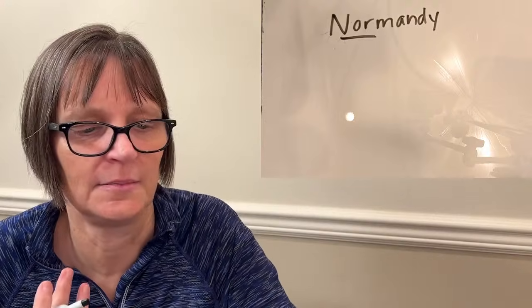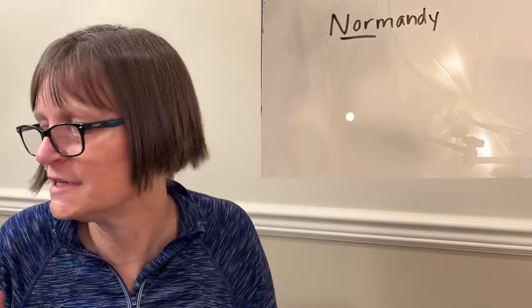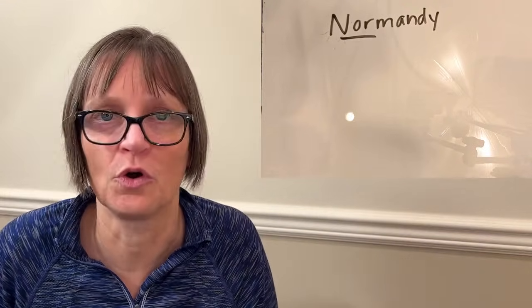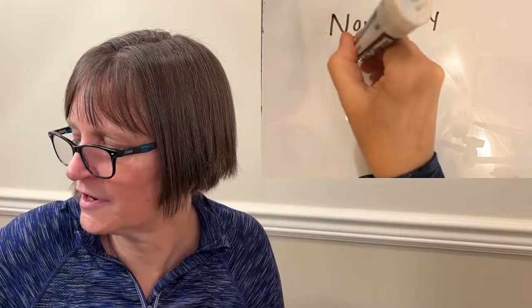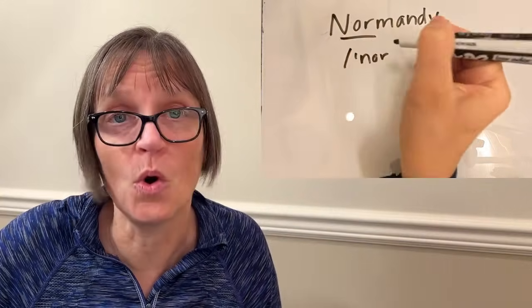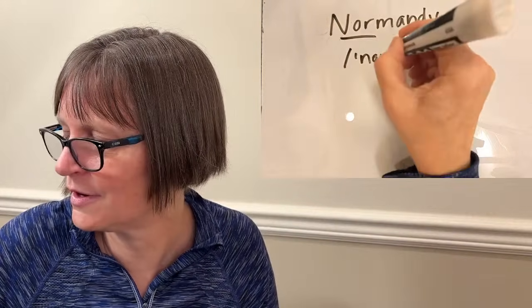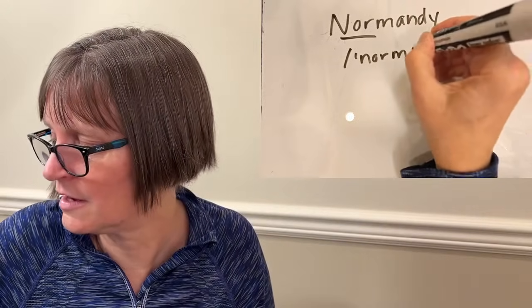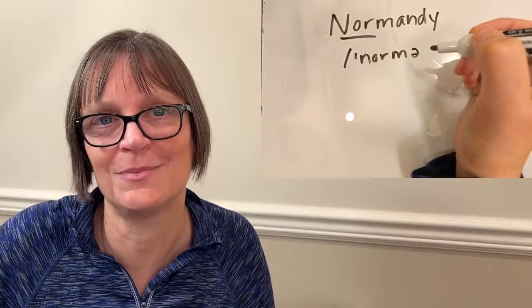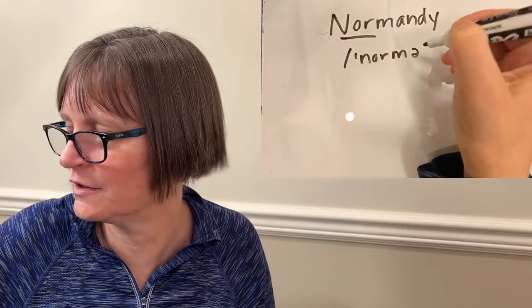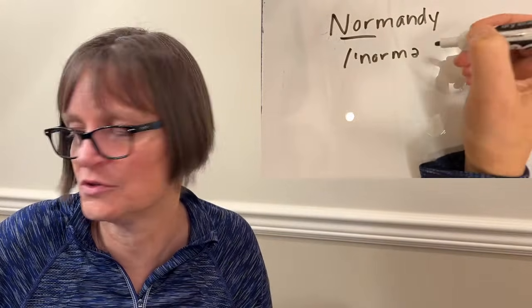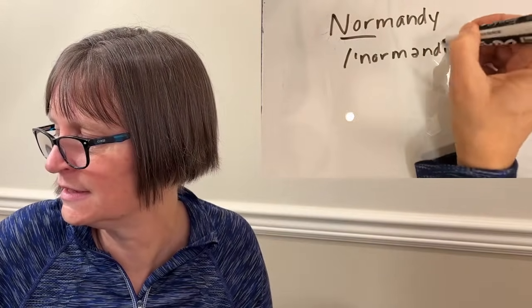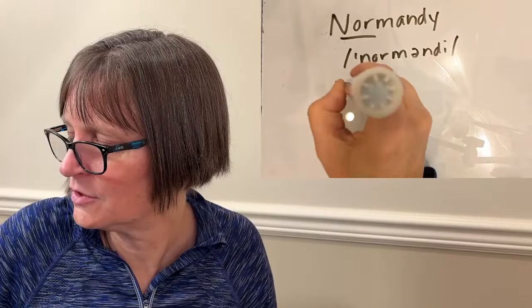We would do more Normandy, just like the word Norman or the word normal. IPA, we're going to have first syllable stress. The letters OR do say or. Norman, the A is going to say an uh sound in English. It's not going to be an a or an ah. No letter A sound, just a reduced syllable there. So I would write that as Normandy.